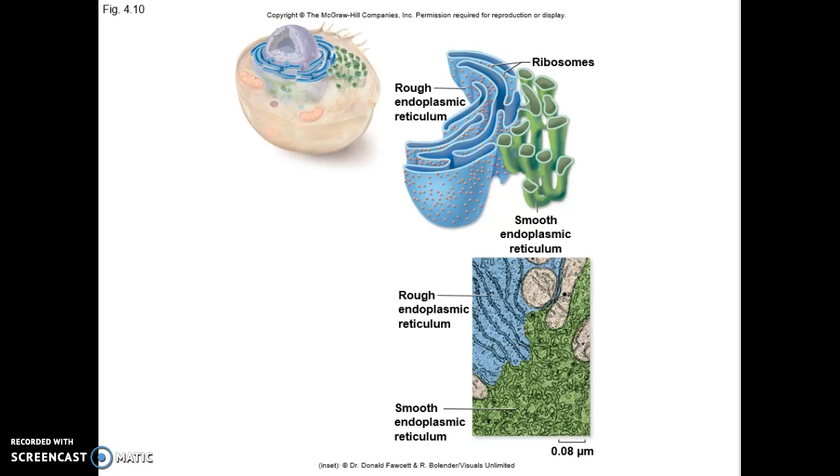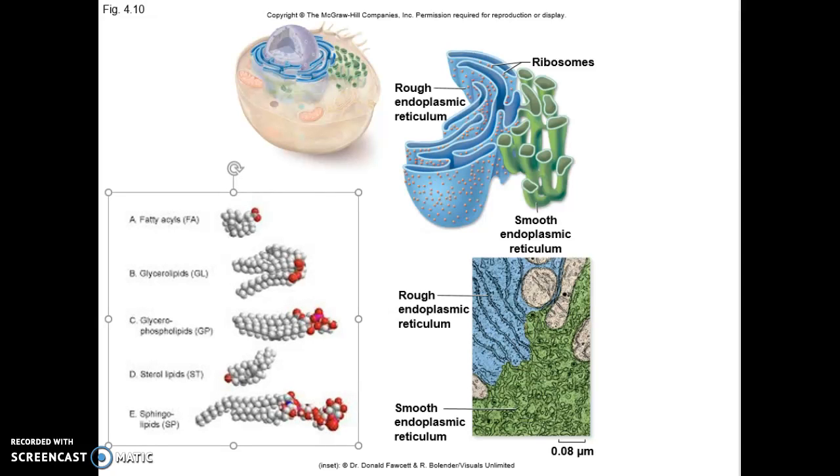Now, outside of the rough ER, towards the outer edge of it, are those greenish tube-like structures. Those are known as smooth endoplasmic reticulum because they don't have ribosomes attached to them. The smooth endoplasmic reticulum is responsible for producing carbohydrates and lipids.